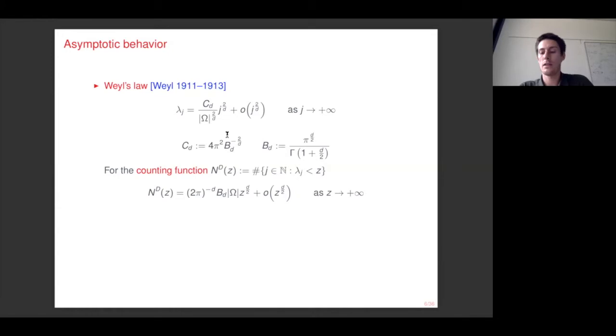And of course, once one has understood the first term, it is of interest to compute lower order terms. There are many results in this direction.